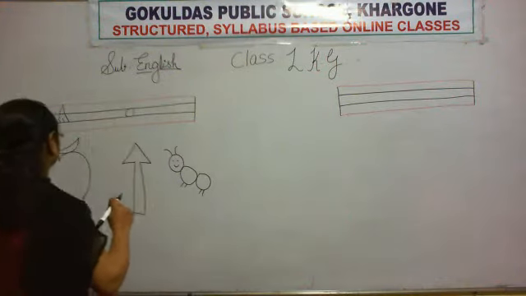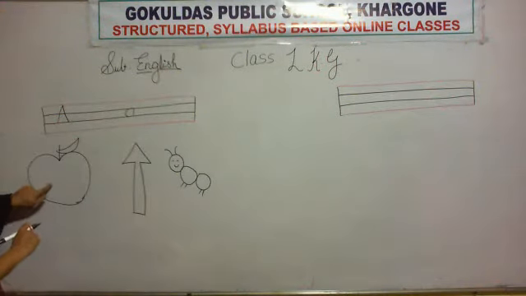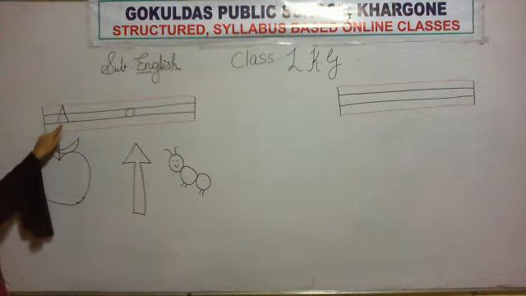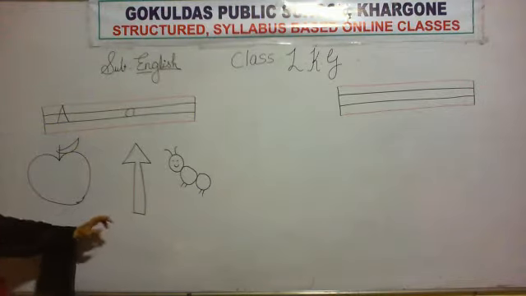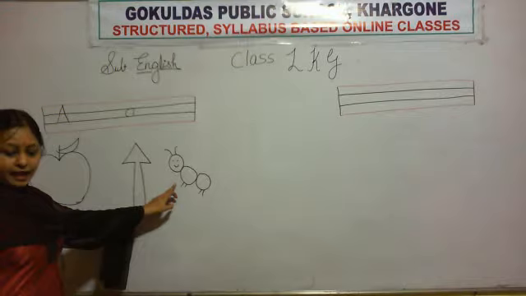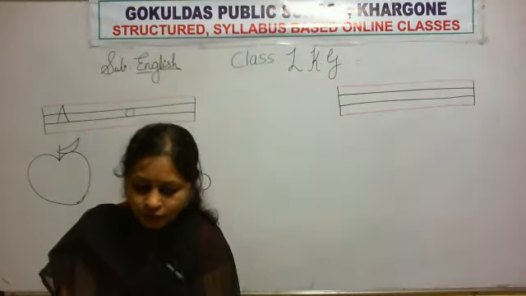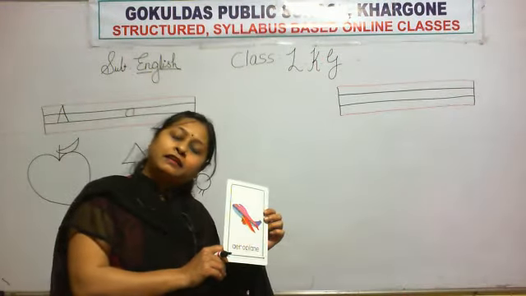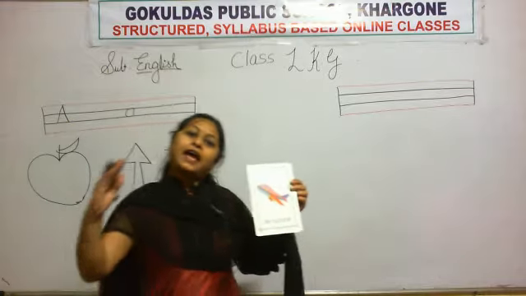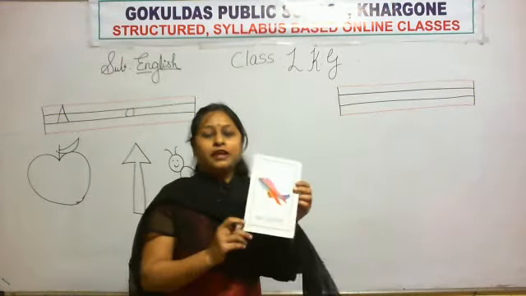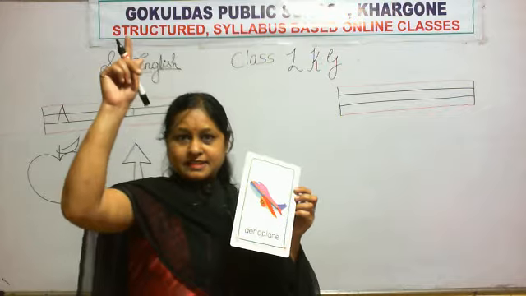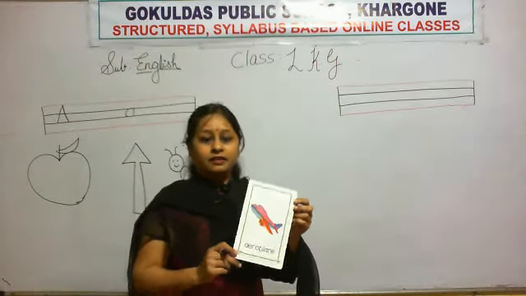Okay. A for apple. A for arrow. A for ant. A for aeroplane. Where do you see aeroplane? In the sky. Okay.